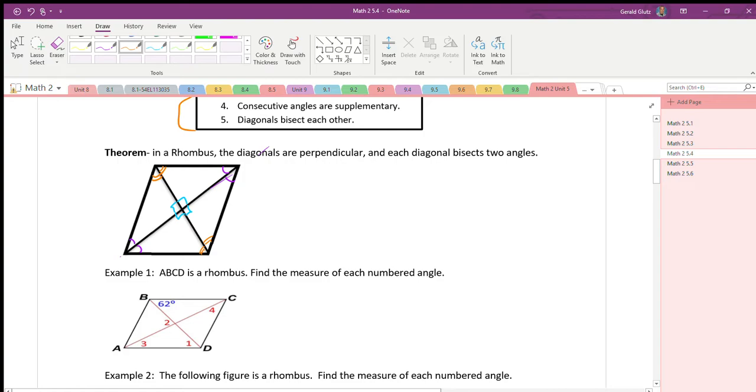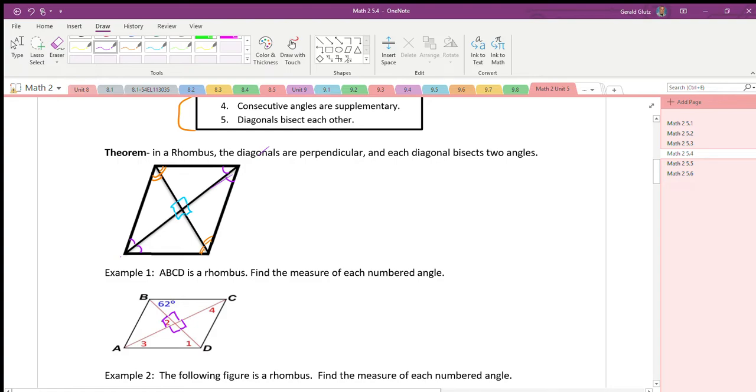So in example 1, ABCD is a rhombus. Find the measure of each numbered angle. If this is a rhombus, remember what we just talked about. The diagonals bisect each other, which creates 90-degree angles because they're perpendicular.